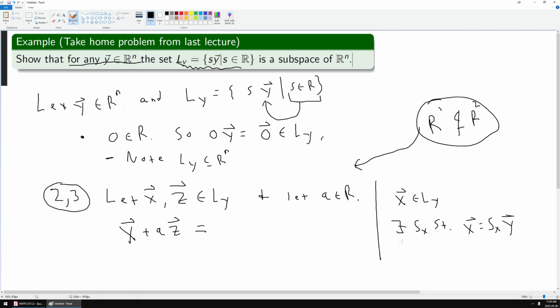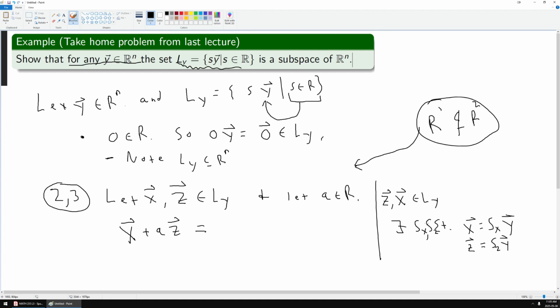And by a similar argument, since z is also in Ly, we know there's another scalar, Sz, such that z is equal to Sz times y.